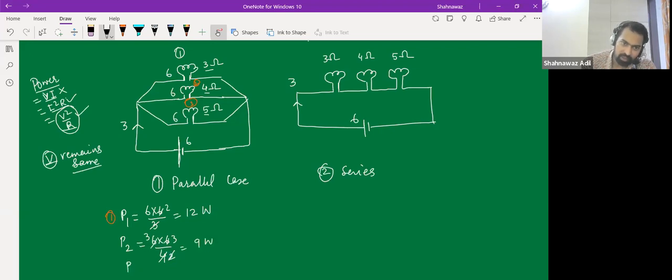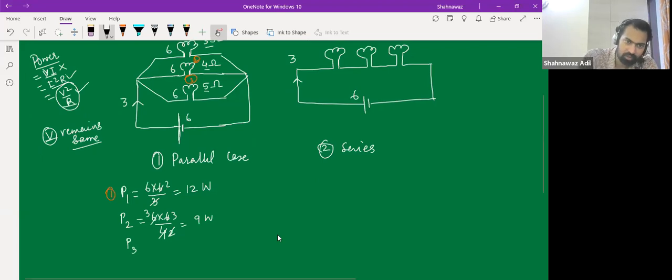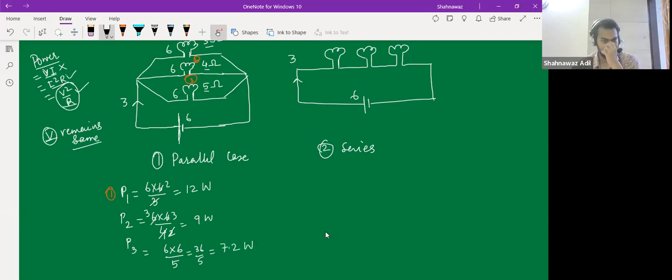And bulb 3 has power 6 into 6 by 5, so 36 by 5, 7.2 watt. Now if I had chosen the formula I square R, it would have been I1 square R, I2 square R, and I3 square R. But I don't know I1, I2, I3, so that is why I chose this formula.